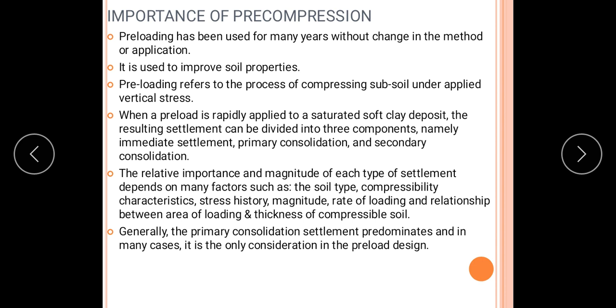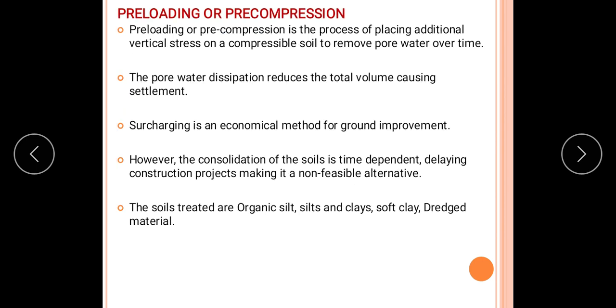Generally the primary consolidation settlement predominates, and in many cases it is the only consideration in preloading design. So of the three components, the major component is primary consolidation settlement.